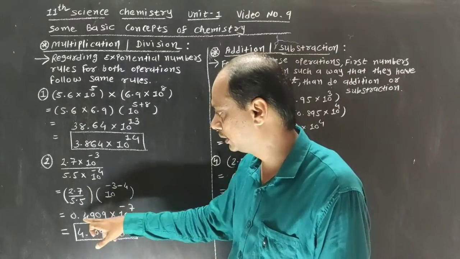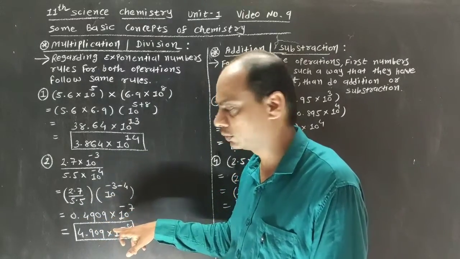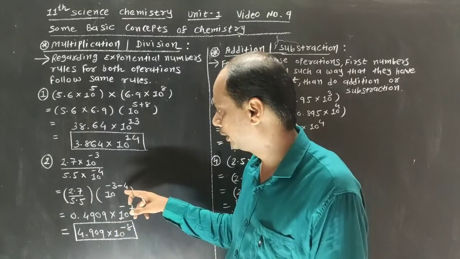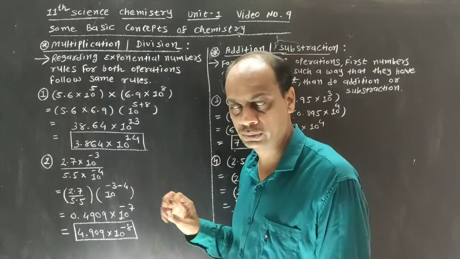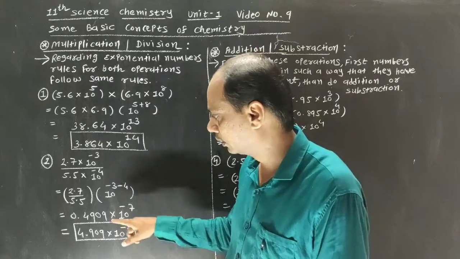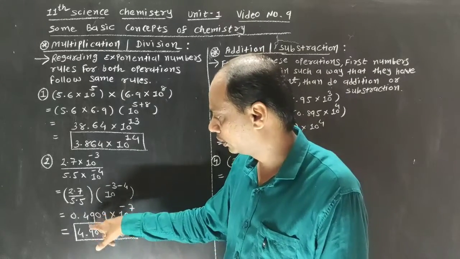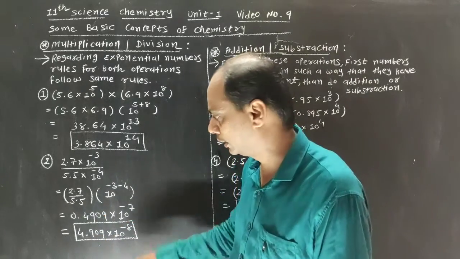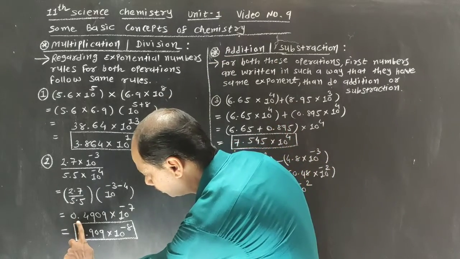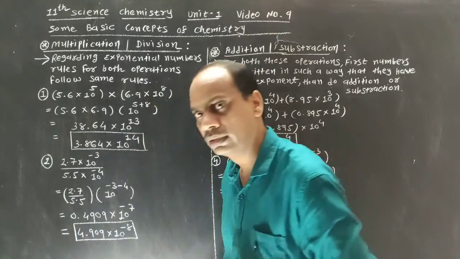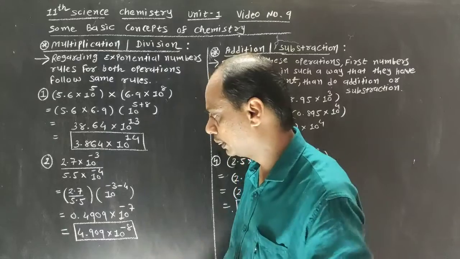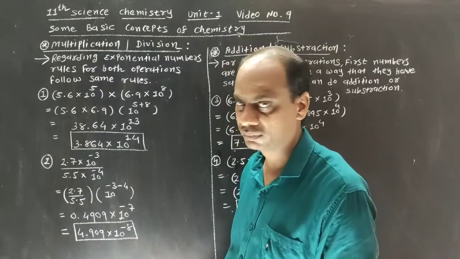Now division of both of these gives the answer 0.4909 into 10 raised to minus 3 minus 4, which results in 10 raised to minus 7. Here, if you would like to convert it into 4.909, you have to move the decimal one place from left to right. Means 0.49 is going to convert into 4.9.